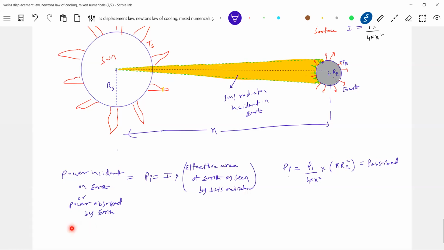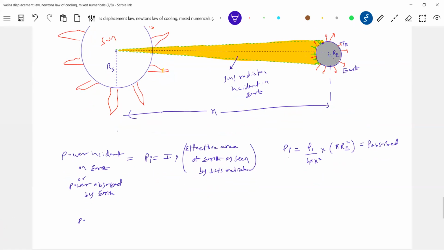No. What is the power radiated by the earth? Power emitted, I'll write it. Power emitted by earth, according to Stefan's law, PE should be equal to E into sigma; you can treat the earth as a black body, then you can replace E equal to 1. Okay, let me take the area of cross section of the earth, AE, into the temperature of the earth, let it be TE, to the power of 4.